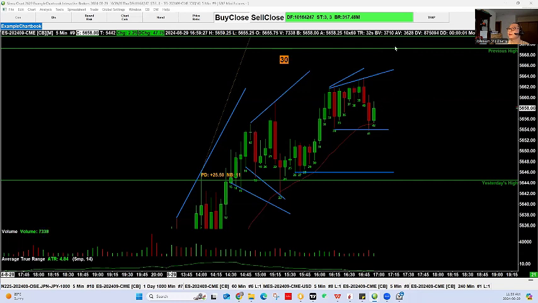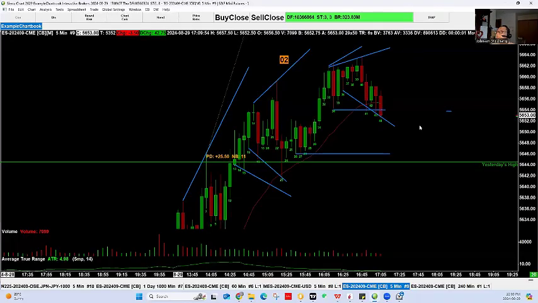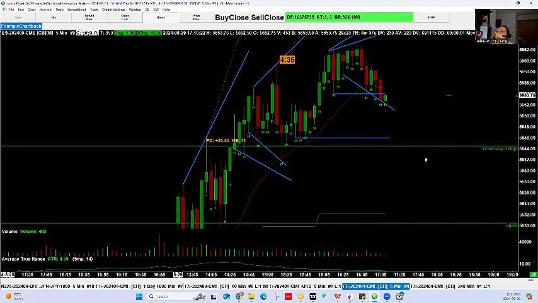It could go higher. Price has broken out of the moving average. It's just at the wedge 9. It can go back up, or it can retest the moving average and go down to test the open or yesterday's high.